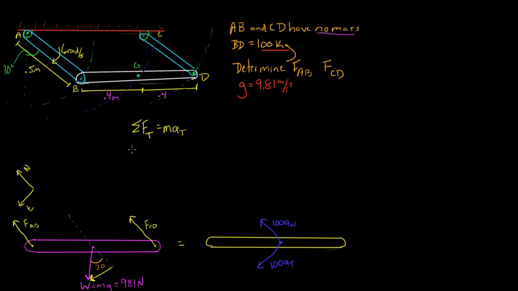So it's going to be 981 times the sine of 30 is equal to 100 times our tangential acceleration. Only one unknown, the tangential acceleration. We can solve for that, and we get a tangential acceleration of 4.9 meters per second squared in the tangential direction.